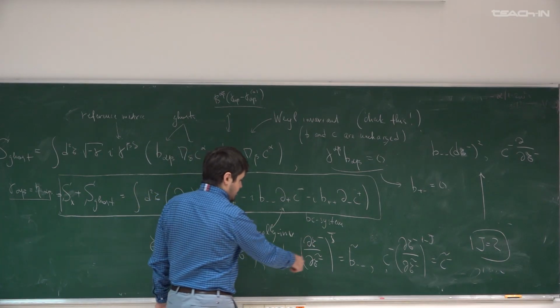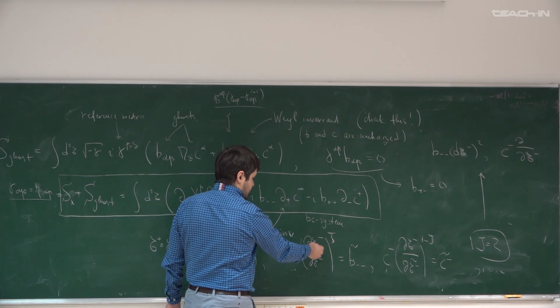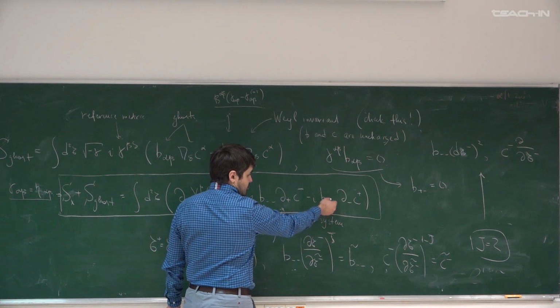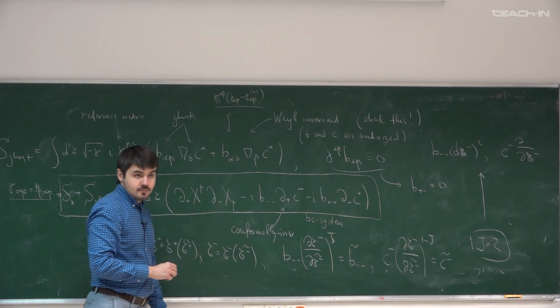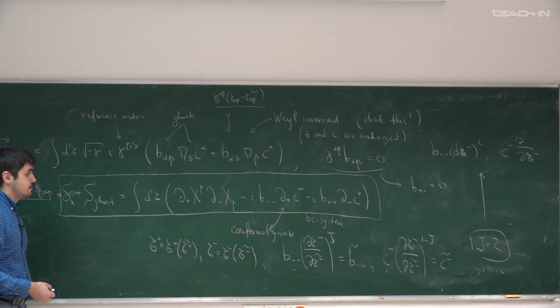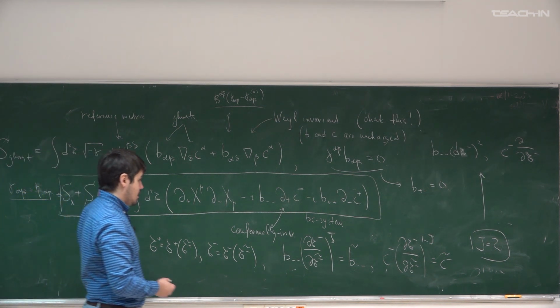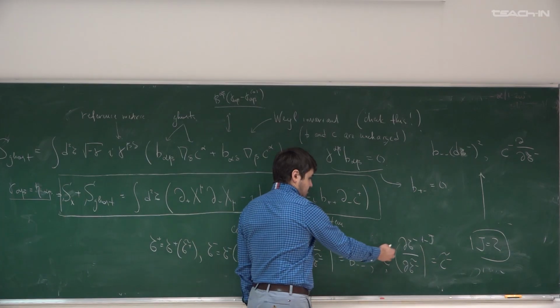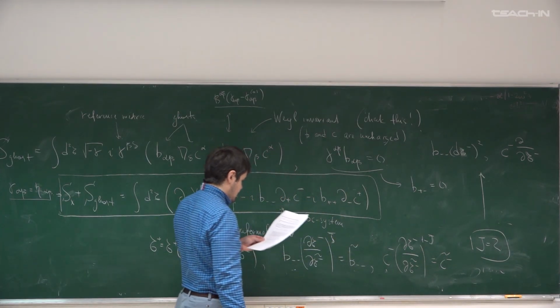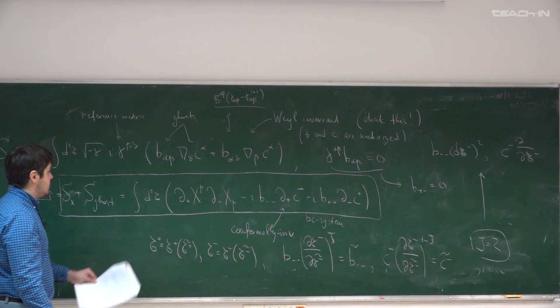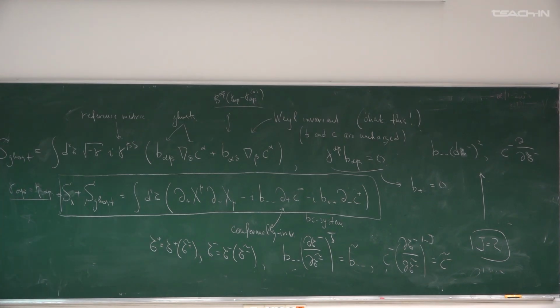So these are only charged under transformations of sigma minus. These are only charged under transformations of sigma plus for the same reason. That's right, J is the weight. So B has weight J and C has weight 1 minus J. So let's derive the energy momentum tensor.